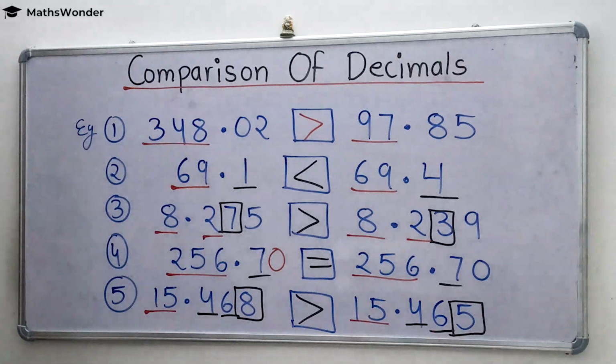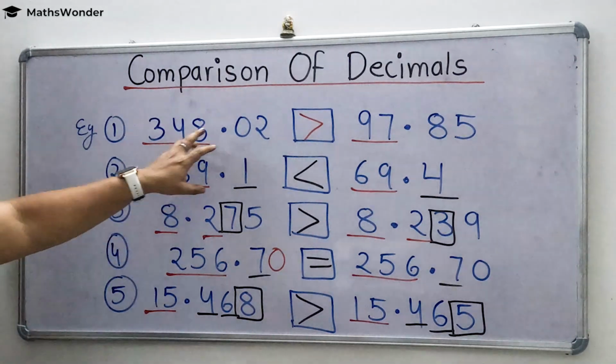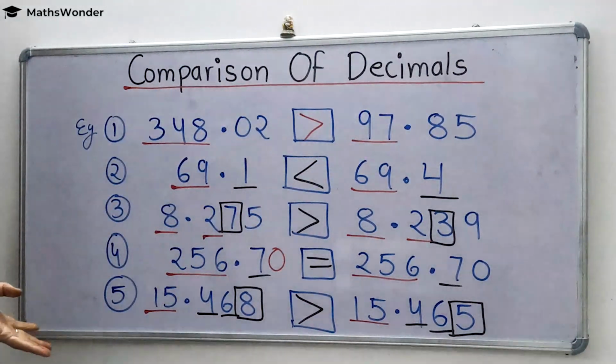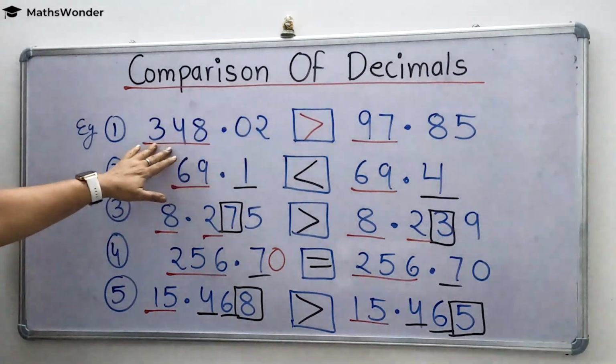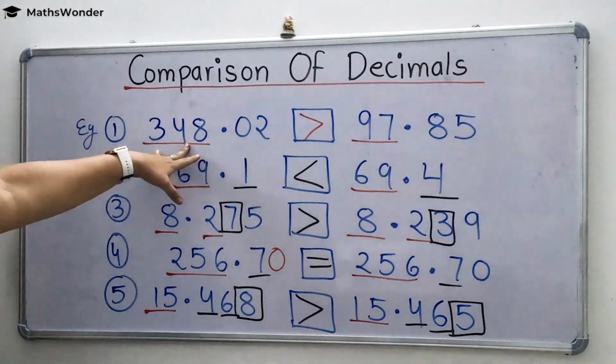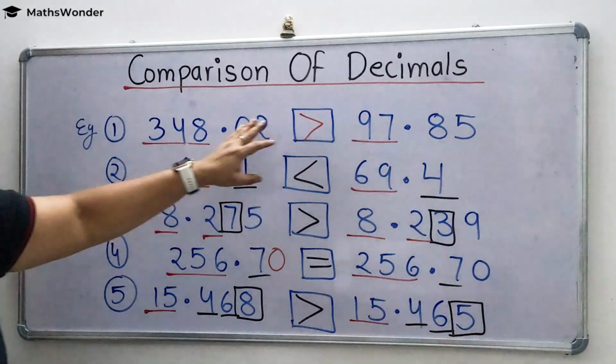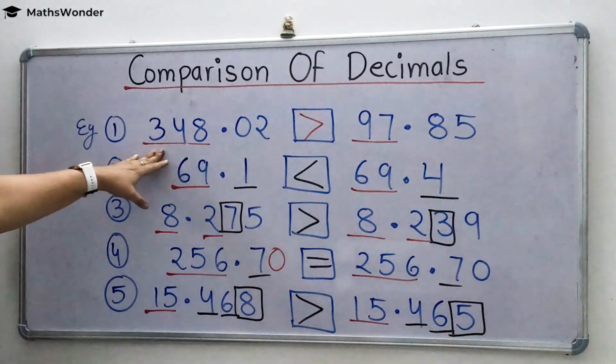The first rule of the comparison is, when comparing two decimals, first compare the whole part, then the decimal part. If the decimal has the greater whole part, it is bigger, like in the first question, so this will be the greater value.